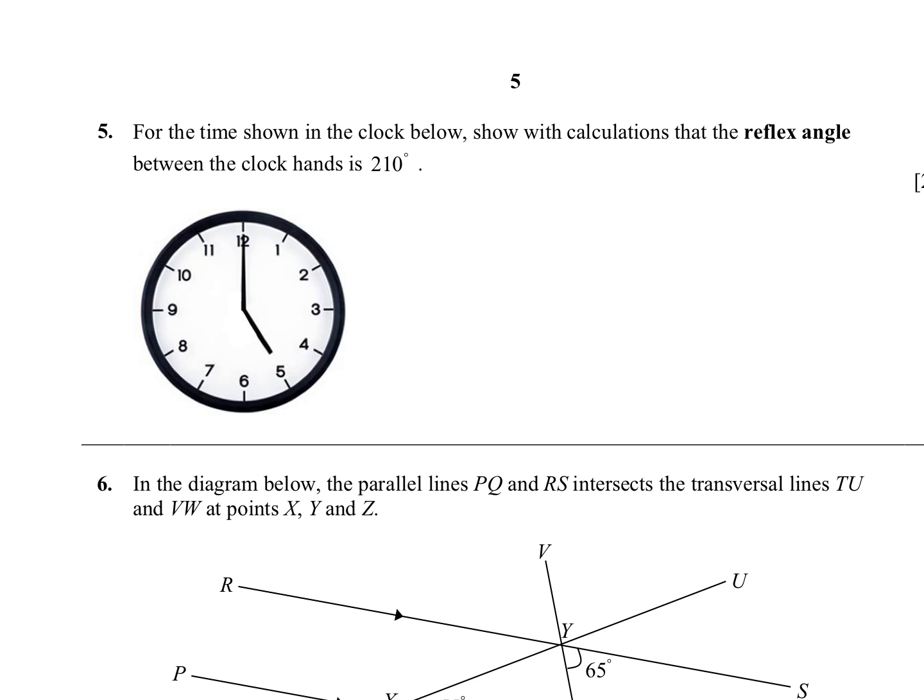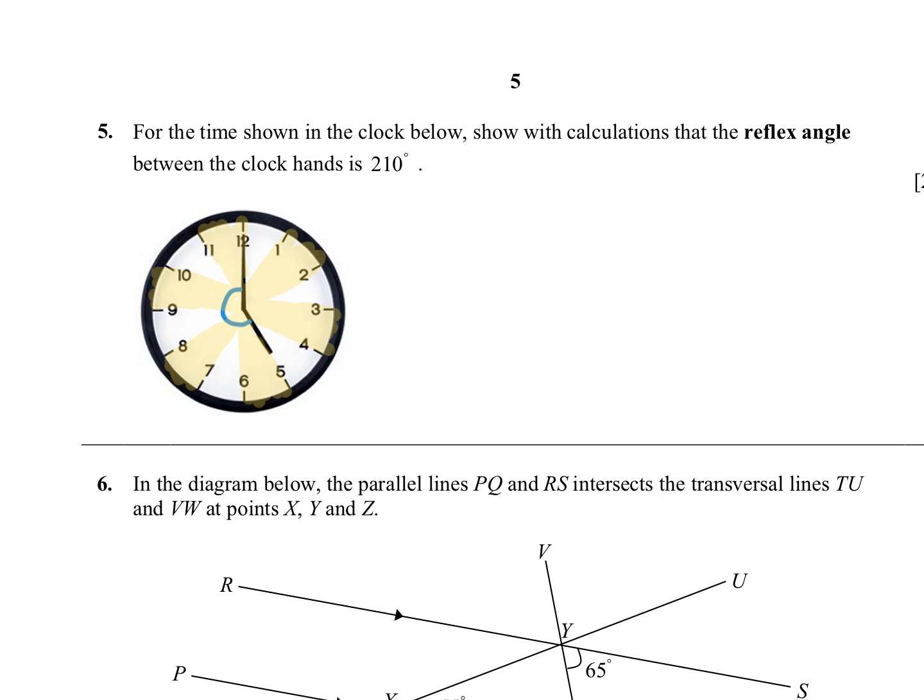They say show that the reflex angle. So this is the reflex angle that I'm interested to find. So if you observe carefully, you should be able to see that in a clock, there's a total of how many sections? How many sections in total in a clock? 6. You look at the yellow and the white one.